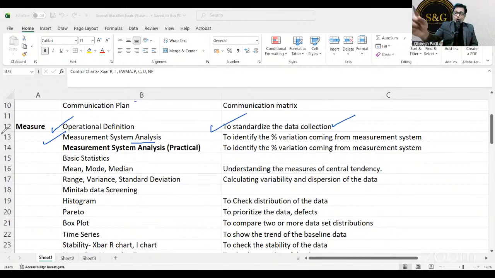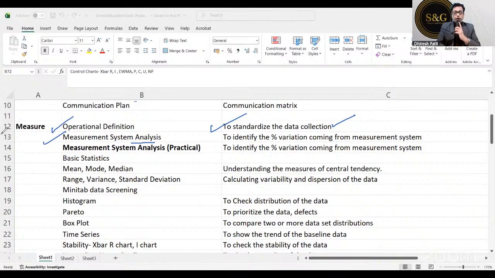You go to your doctor, it will be 69.98. It will be nearby only, but there will be some variation. Now this variation is also important for us to consider, right? So measurement system analysis quantifies how much variation is induced because of the measurement system.